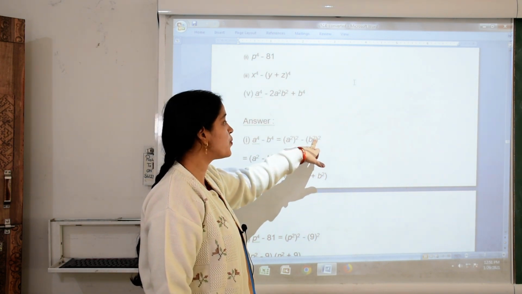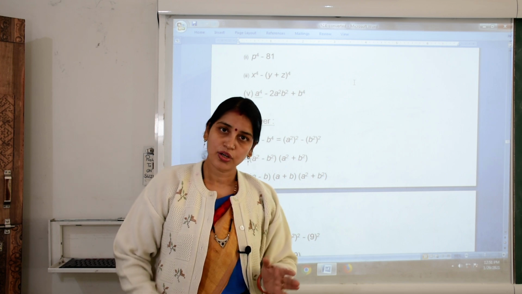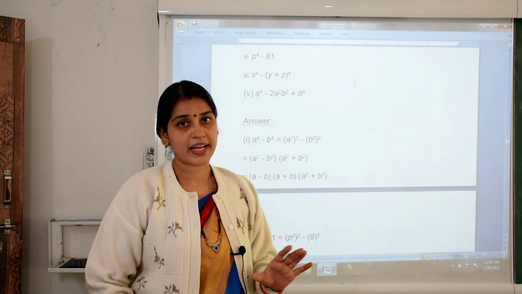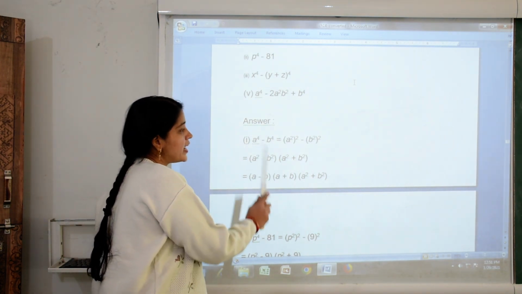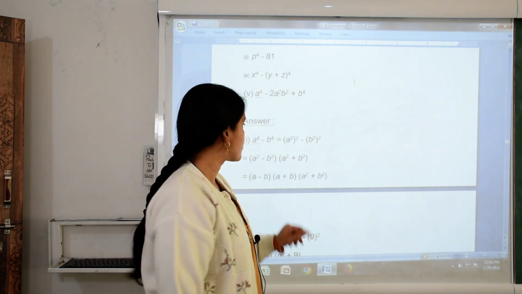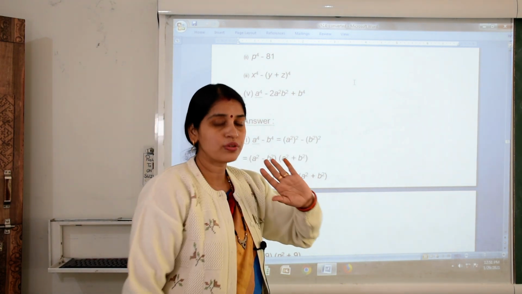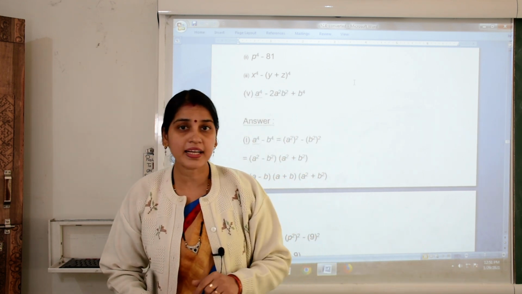Similarly, here also 2 and 2 get multiplied and we get b to the power 4. So we write this in the form of a bracket. Now we can apply the identity a square minus b square, which we know is a plus b into a minus b.